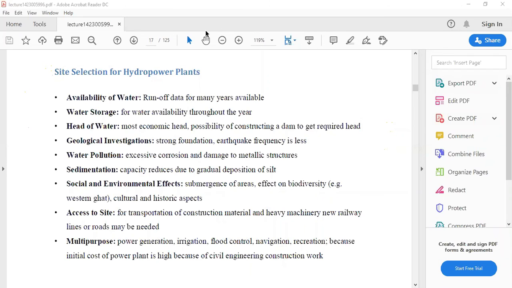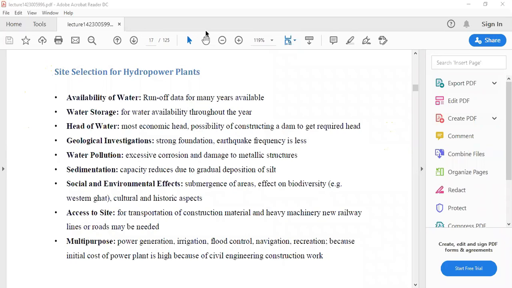Then about water pollution and sedimentation, we will not take them into consideration, because these also impact different aspects of the locality. If you take into consideration the Koyna hydroelectric power plant, almost all the criteria for site selection for a hydropower plant match with it.